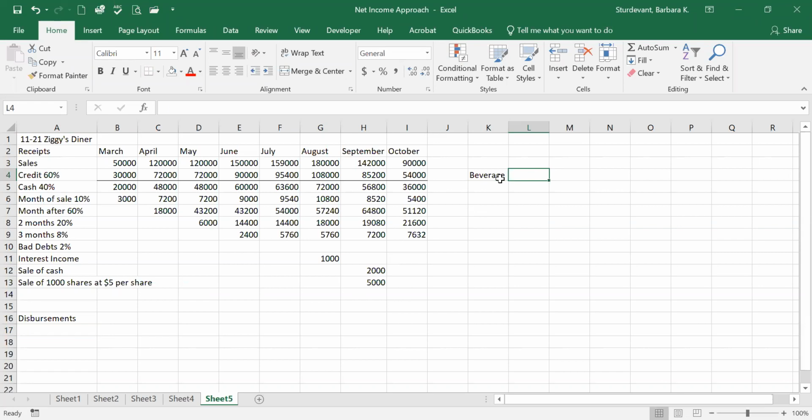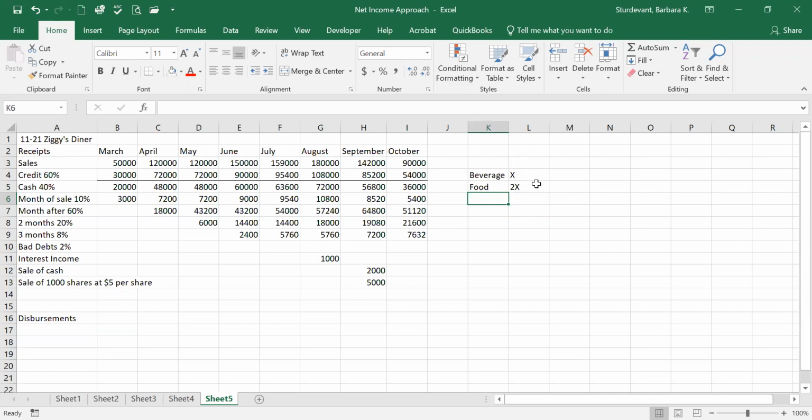So if beverage sales are X, that means that food sales would be 2X. Good old algebra again. Does that make sense to you? Beverages are half of food. So if a beverage is X, that means that food is 2X. Yes or no? So that's the only tricky part with this.